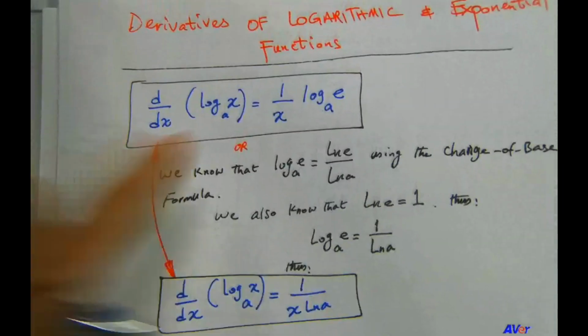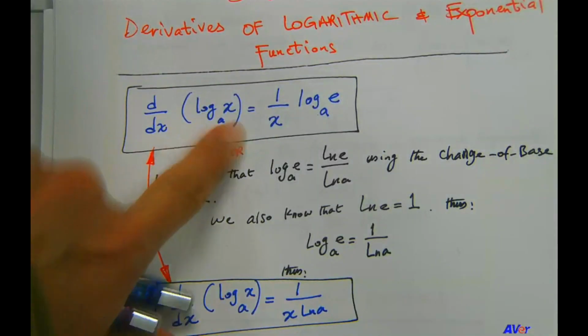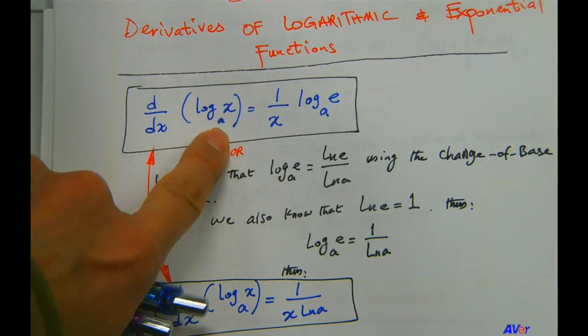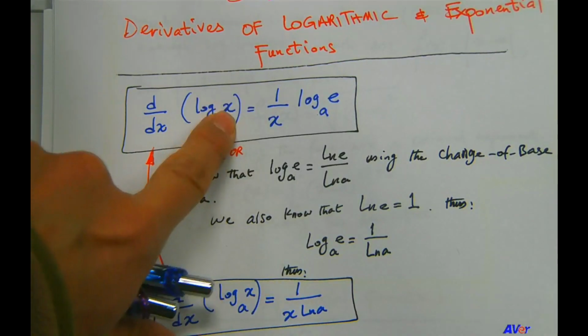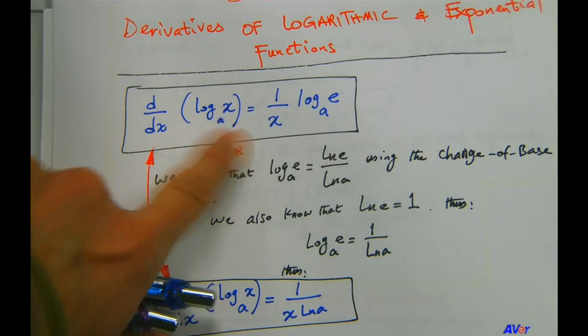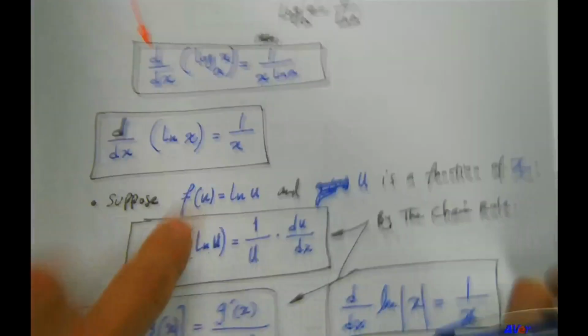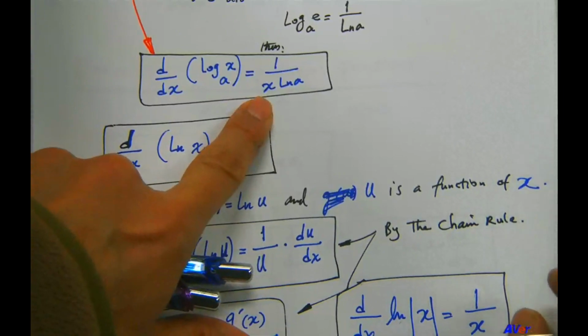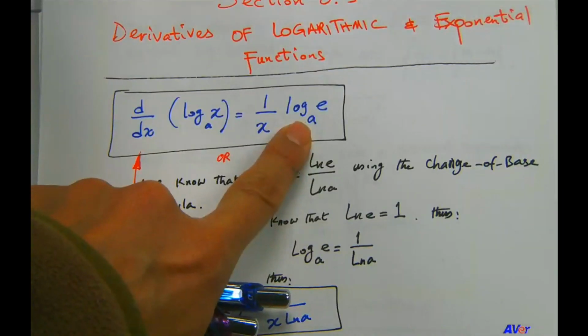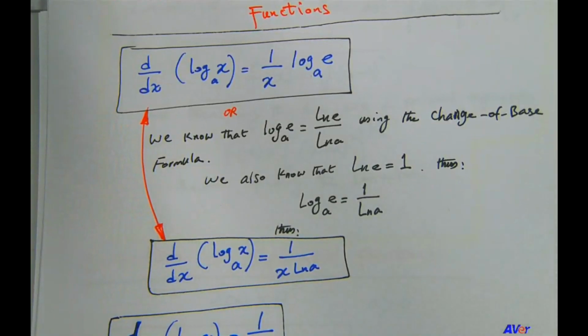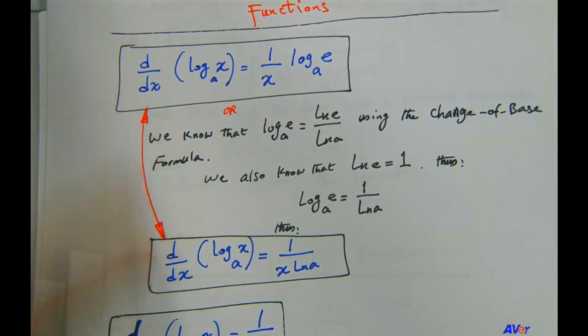So remember this formula, log of some x to some base is 1 over x times natural log of the base, right here. So that was one form, and we mentioned that these two forms are equivalent, remember, on the first page?